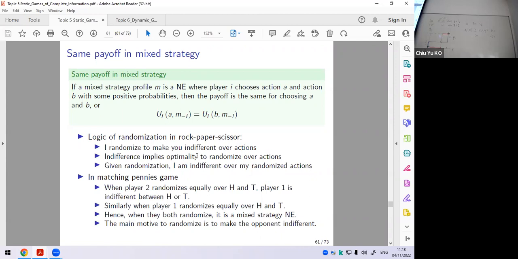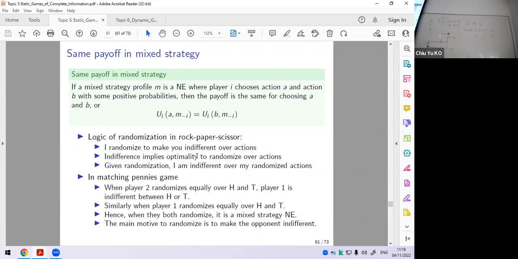Then repeat. If you are randomizing, say rock, paper, scissors, okay? You are randomizing, right? And it must be the case that these three of them actually have no difference to you. If it's clear that rock is always better, you just choose rock. Why randomize? Why would you roll a die to let nature decide for you, right? It must be the case that they are the same to you.